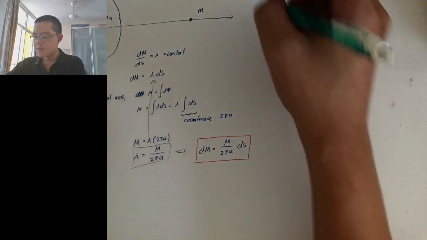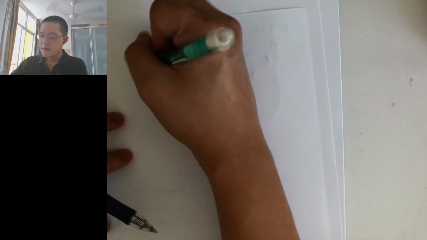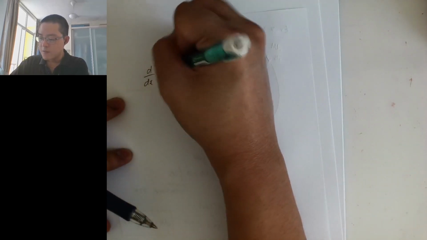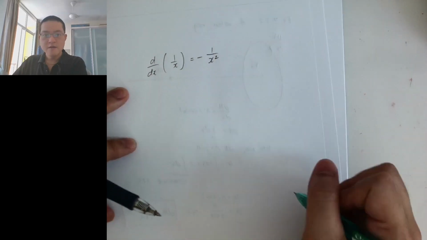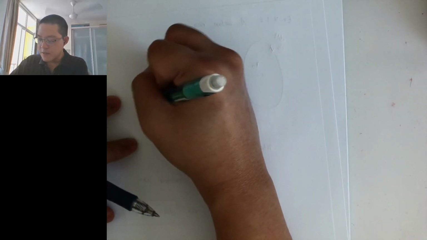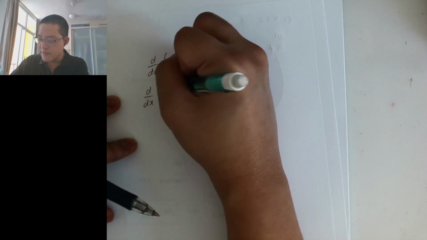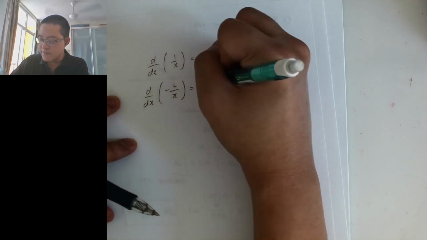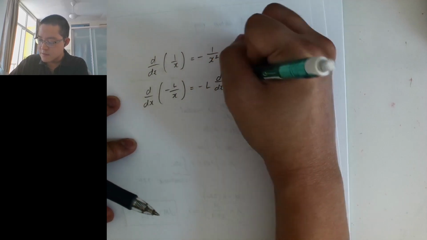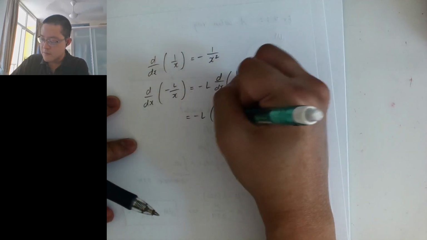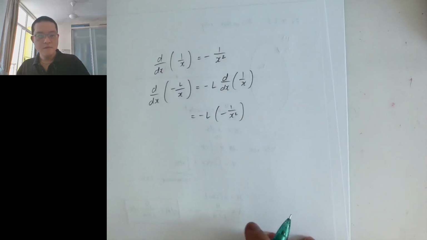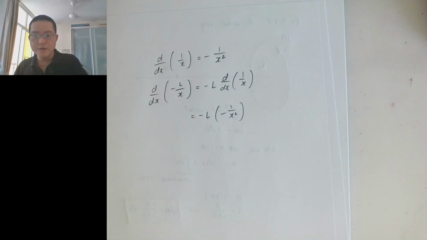Okay, so if I differentiate 1 over x, it is negative 1 over x squared. So if I differentiate negative L over x, it is negative L, so it's negative L. Yeah, correct. 2 negative will become positive.